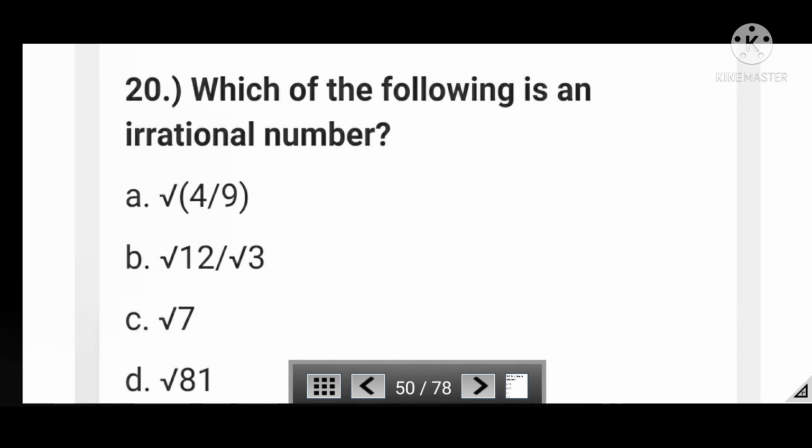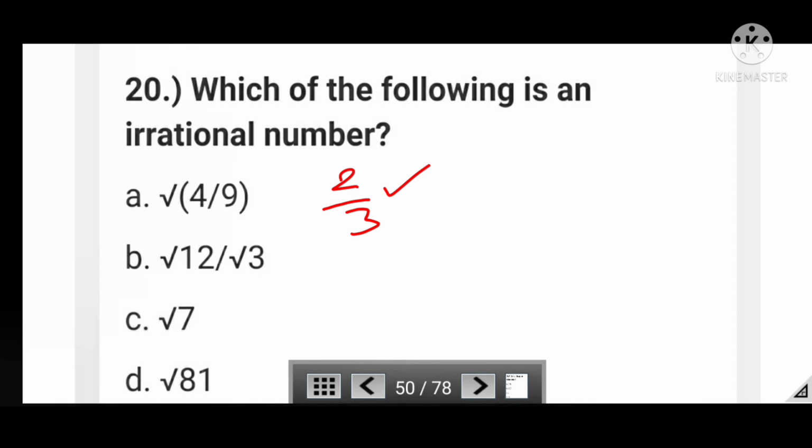Next question. Which of the following is an irrational number? Now to find the irrational number, under root of 4 is 2 and under root of 9 is 3.